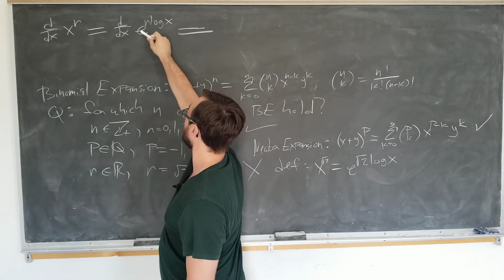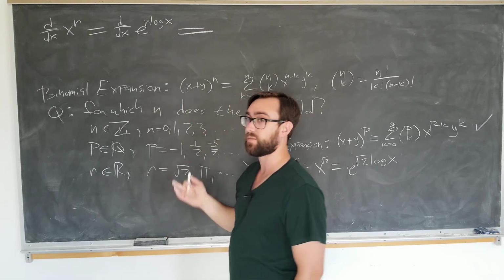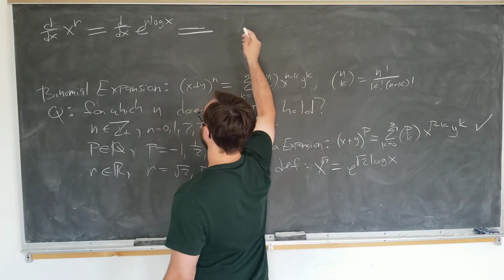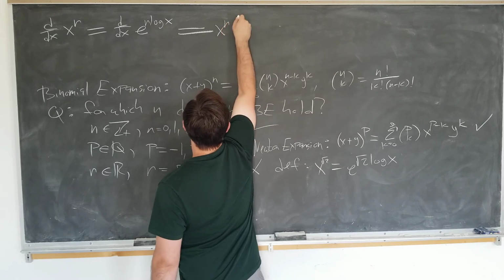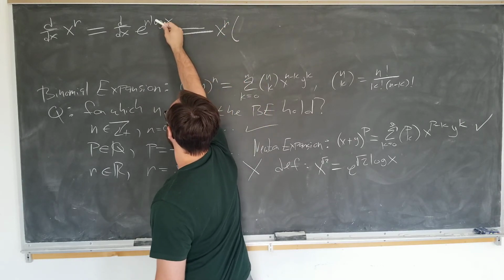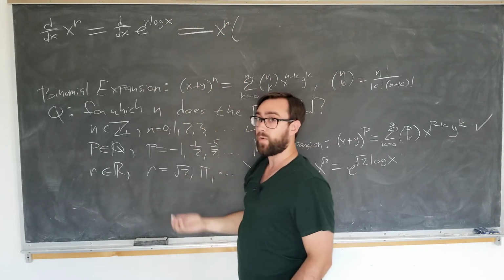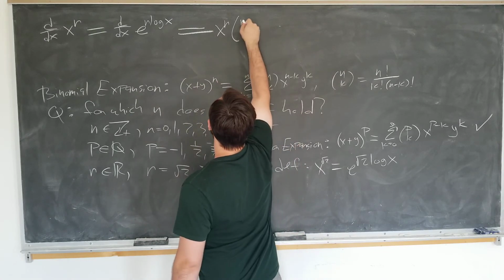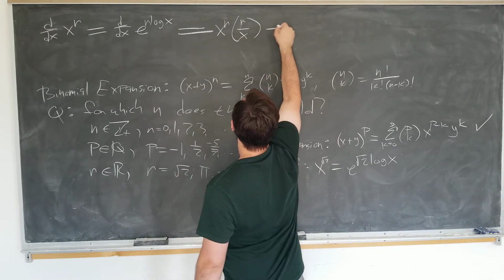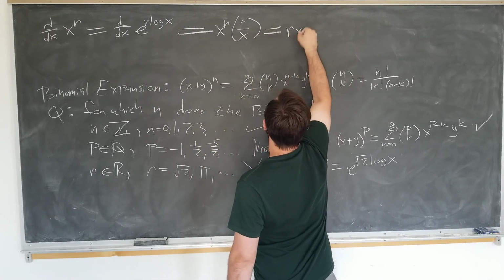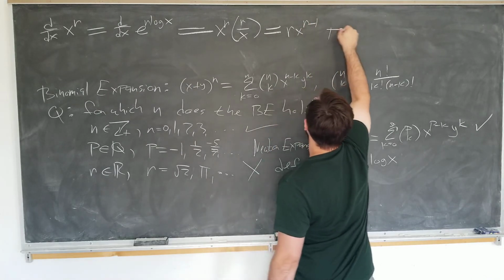We just take e^(r log x) times the inside derivative, so that becomes x^r. The derivative of the inside is, well, log x has a 1 over x derivative, so this becomes r over x, which is just r x^(r-1), which we showed earlier.